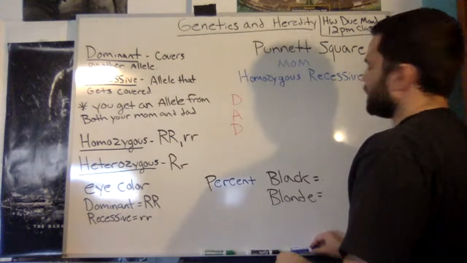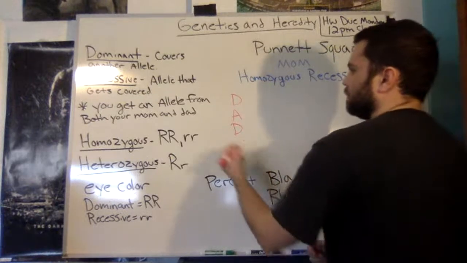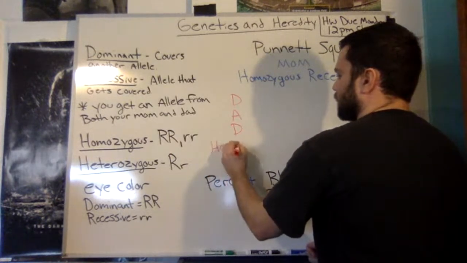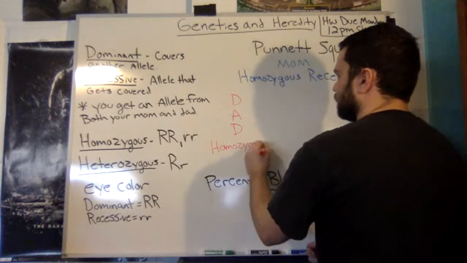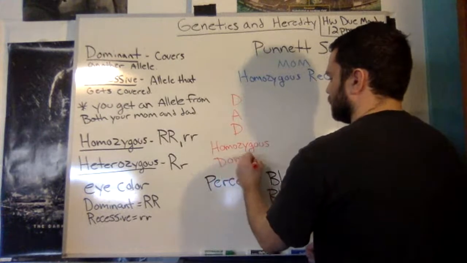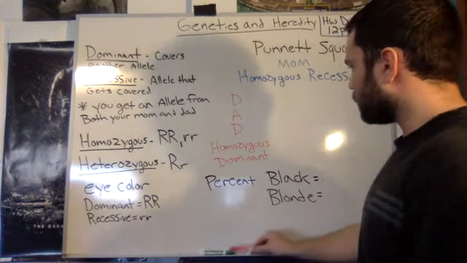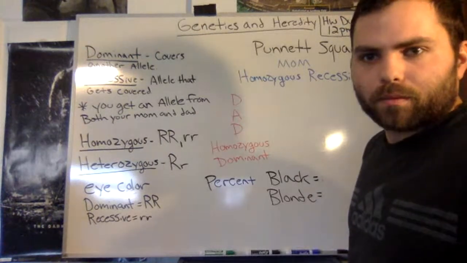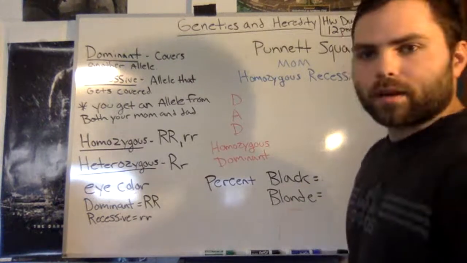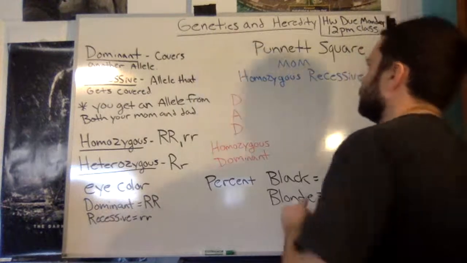And then let's say for dad, he's got homozygous dominant. All right, so I want you guys to try this on your own. We'll keep using letter B, and we're going to figure out black hair or blonde hair. So let's use letter B.